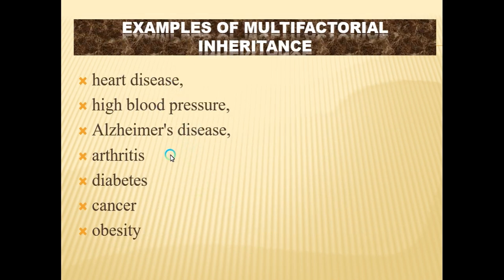These are examples of multifactorial inheritance: heart disease, hypertension, Alzheimer's, arthritis, diabetes, cancer, and obesity.